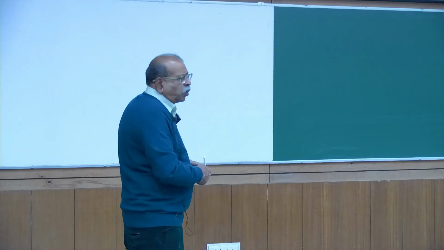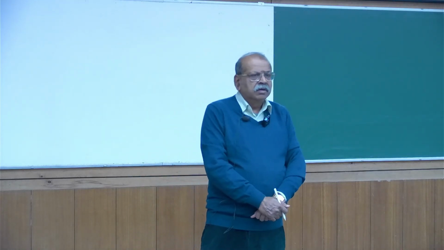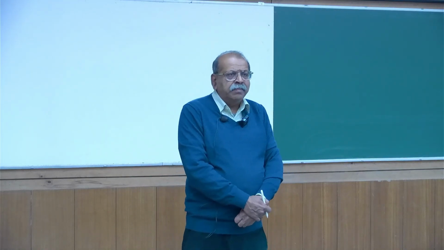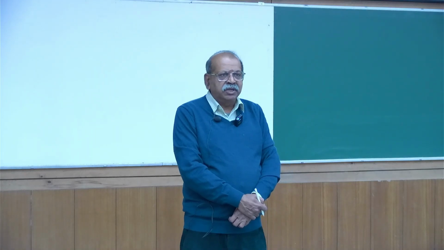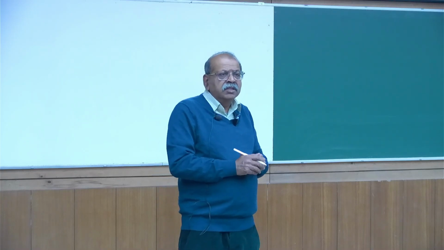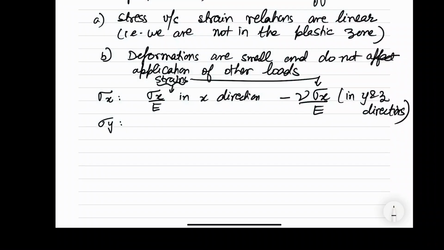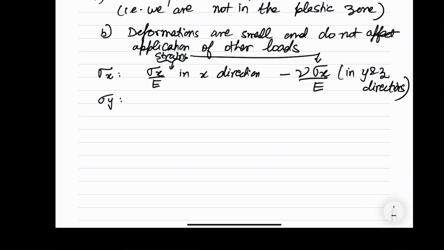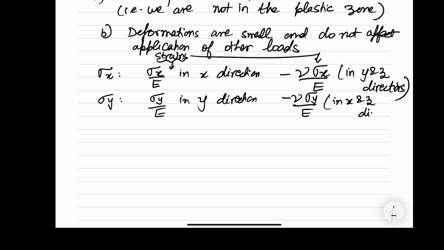Similarly, what will sigma y do? Because of sigma y, what will happen? Sigma y by E in the y direction and minus nu sigma y by E in the x and z directions.